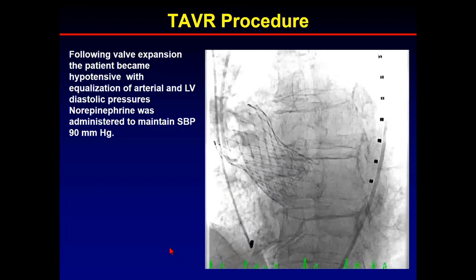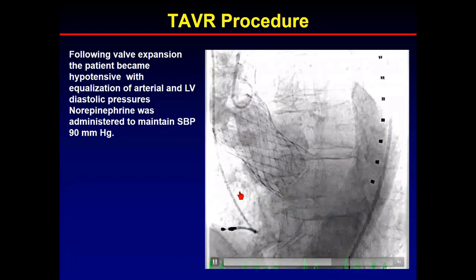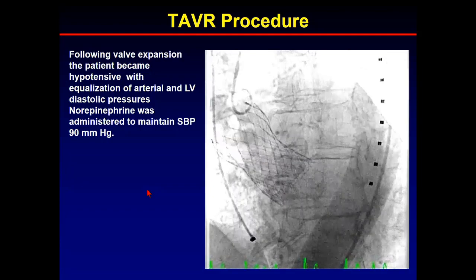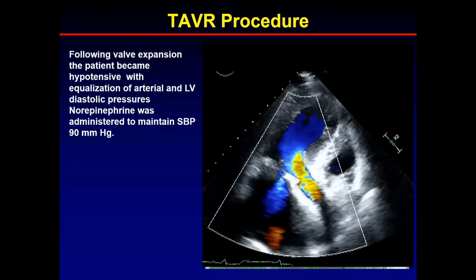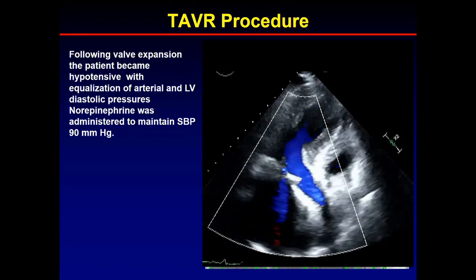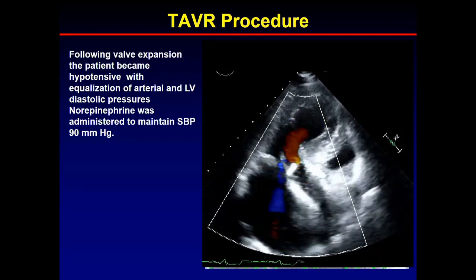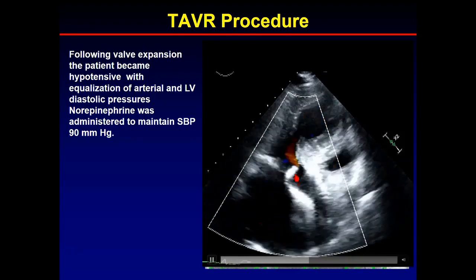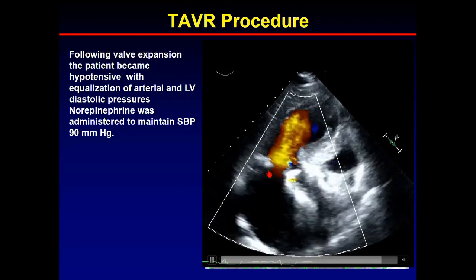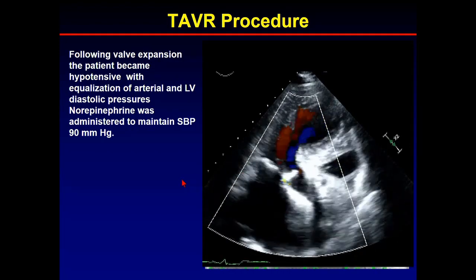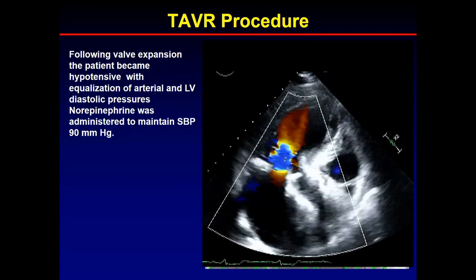And if you look at the images here, you can see that there actually is severe paravalvular regurgitation. At that time, an echocardiogram was also done, and you can see there's severe eccentric aortic regurgitation. And this is actually the mitral valve leaflet, and that's the calcium on the leaflet. You can see that very nicely. So in any event, this was severe paravalvular regurgitation.